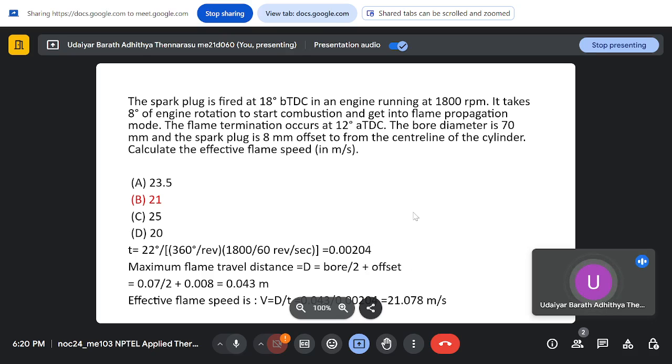As I told, it takes 22 degrees for the flame to fully reach the cylinder walls and go into flame termination, because once it touches the wall, there is not much charge for it to propagate further, so the flame will terminate at the walls.